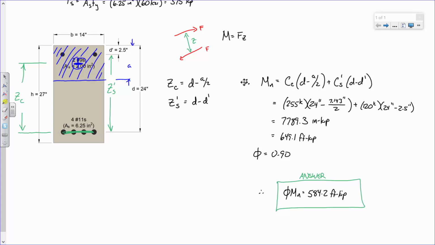Whereas here it's a little different because there's not just a compressive force and a tensile force. There's two compressive forces. So to keep everything straight, let's just sum my moments here. It's a compressive force times a moment arm plus a compressive force times a moment arm. I could say plus a tensile force times some moment arm.